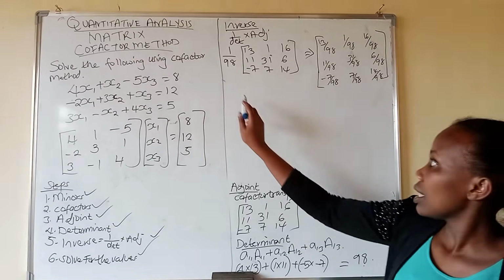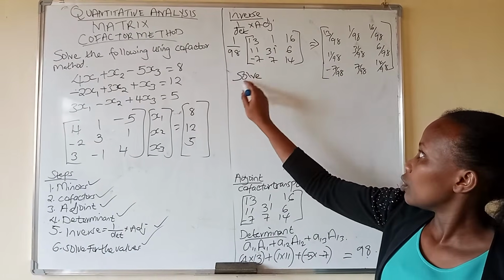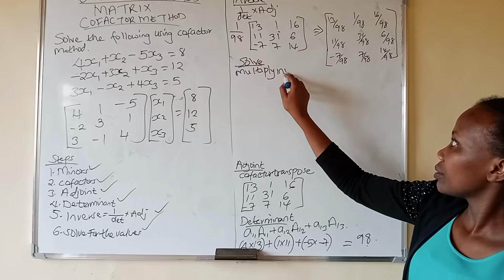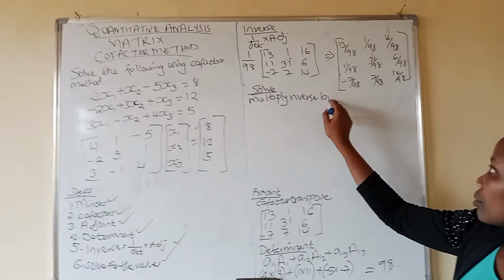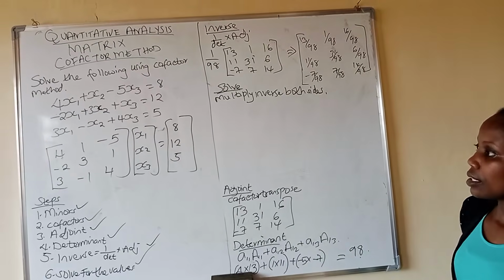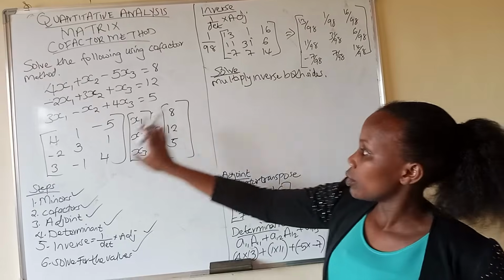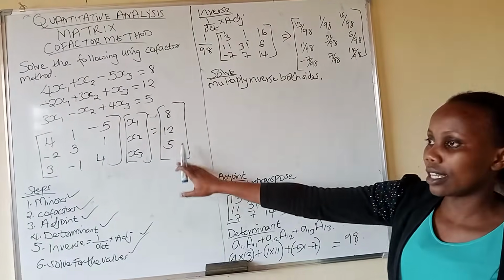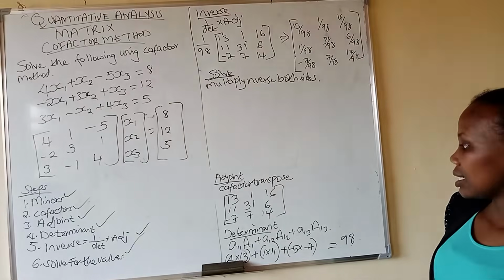So our last step is now to solve for the values. To solve, you multiply the inverse on both sides, the left hand side and the right hand side.